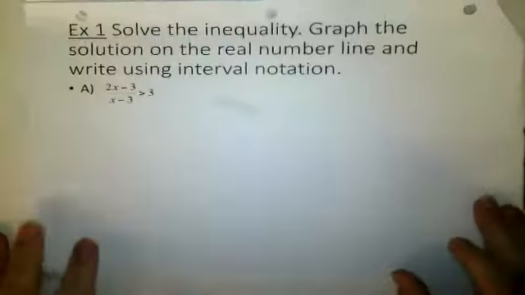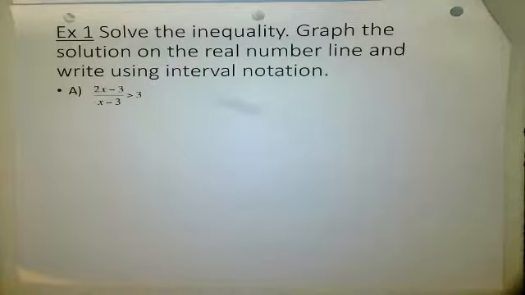So example 1. Solve the inequality. Solve the inequality means find the x interval for which our function is positive or negative. So we actually need to find the interval.